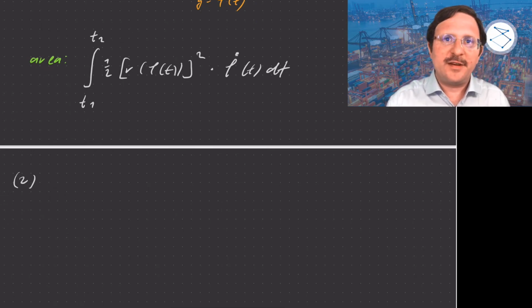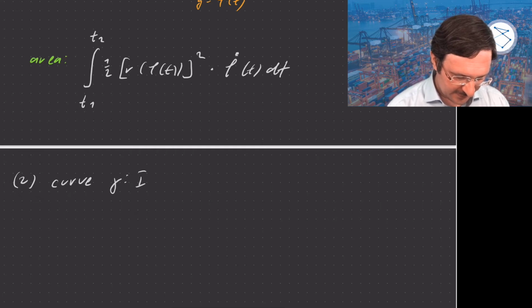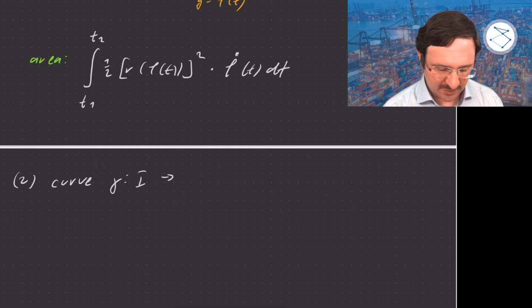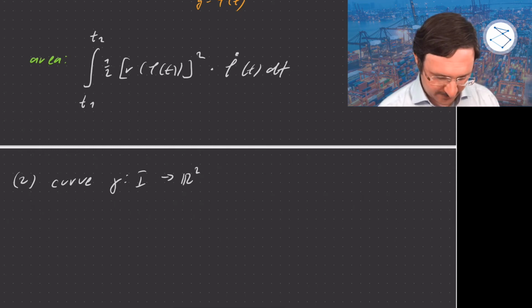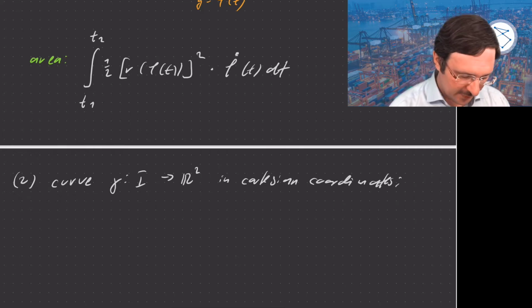Let's say the curve is given in Cartesian form, Cartesian coordinates. All right, so we have a curve, gamma, parameterized by some t in an interval I. It maps to R squared, so again, a planar curve. And that's given in Cartesian coordinates. So our gamma looks like this.